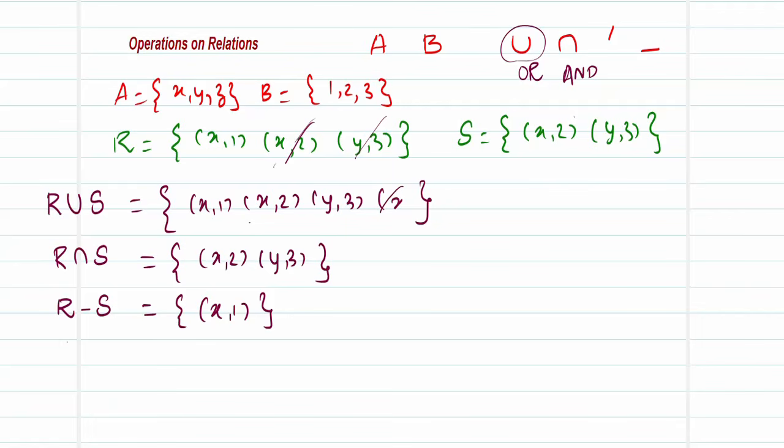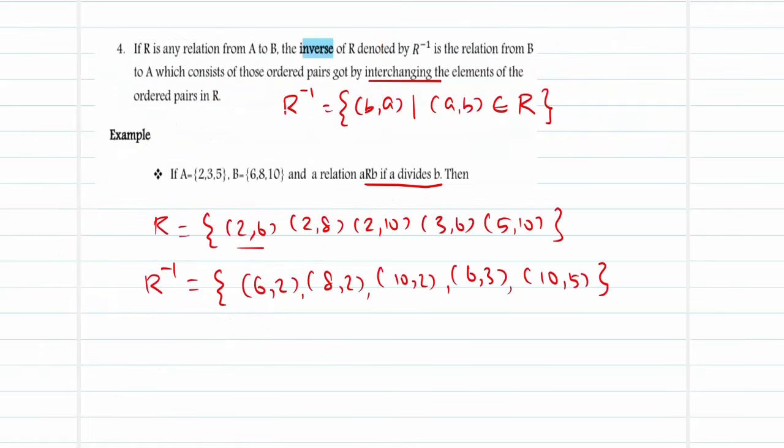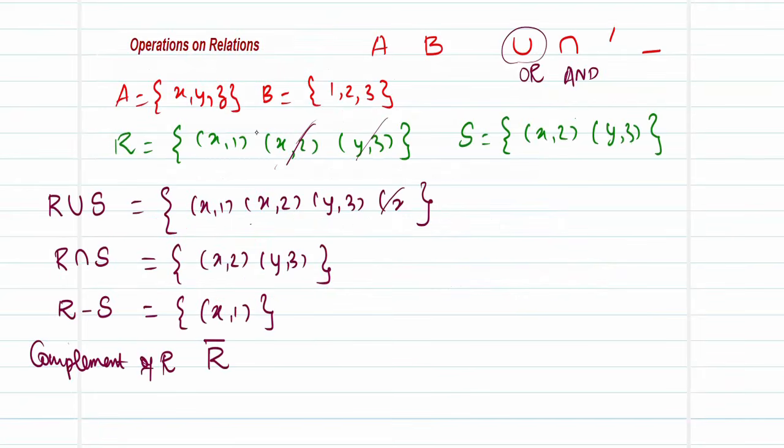Next, I define the complement of R. That is my R bar. Notice R bar is different from your R inverse. Inverse means flipping the elements. So what is complement? Complement is nothing but elements that are part of your universal set but not part of the set.